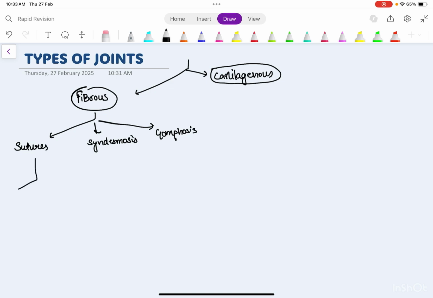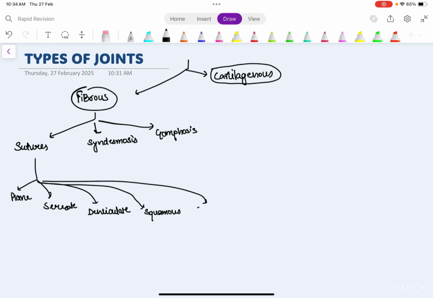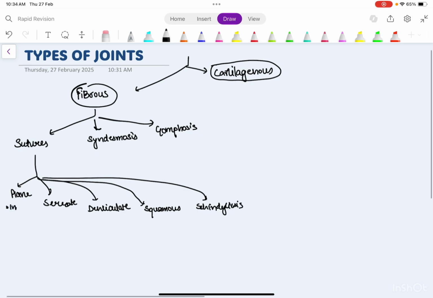Alright, now in sutures also we have a lot of types. It can be plain, serrate, or denticulate, then squamous, and it can be schindylesis. Now in plain you have to remember interpalatine suture, and you can remember internasal suture.